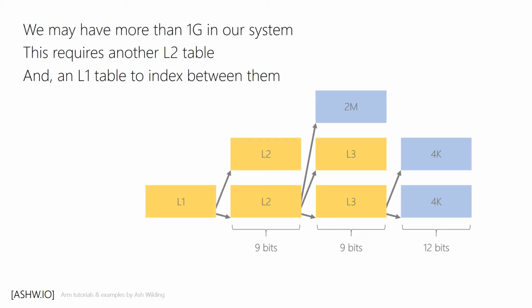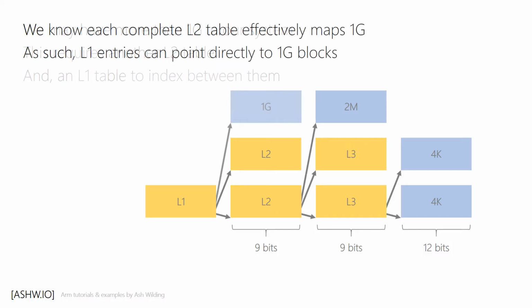Now, we may have more than 1 gigabyte of memory in our system, which again would require another L2 table and therefore an L1 table to index between them. We know each complete L2 table effectively maps 1 gig, therefore L1 tables can directly point to 1 gigabyte blocks.